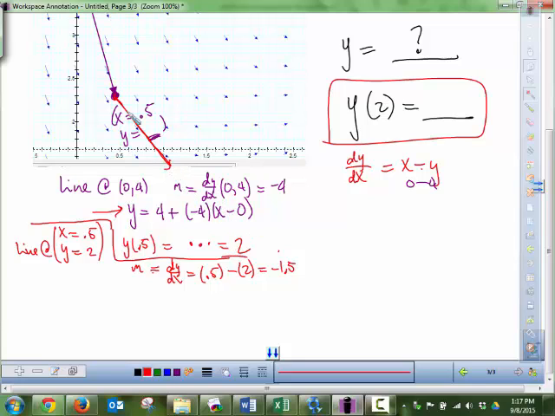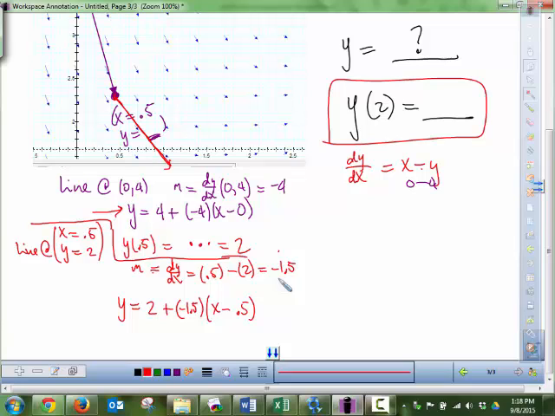So the equation of this line is y is equal to what? Write it the way I wrote it earlier. Y equals 2 plus the slope, negative 1.5, times x minus 0.5.